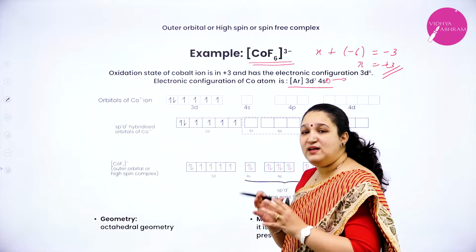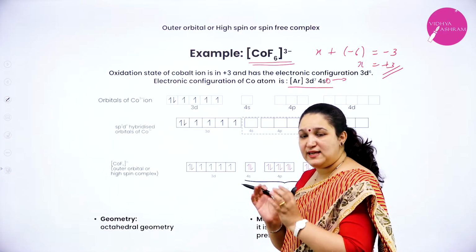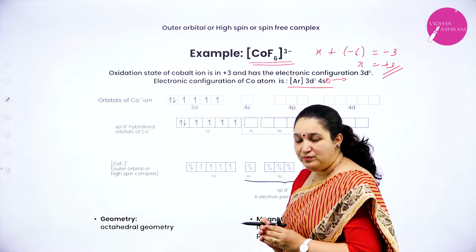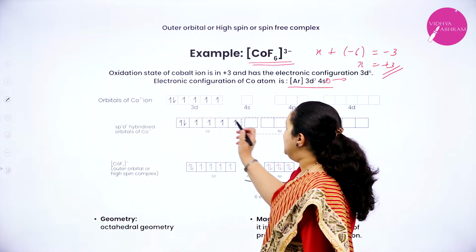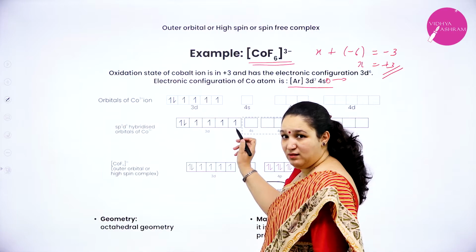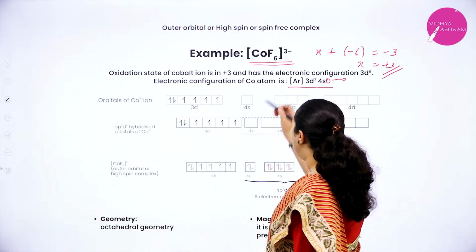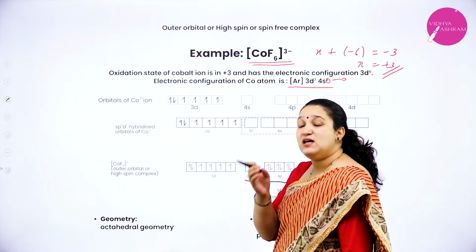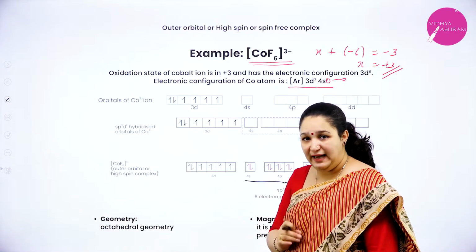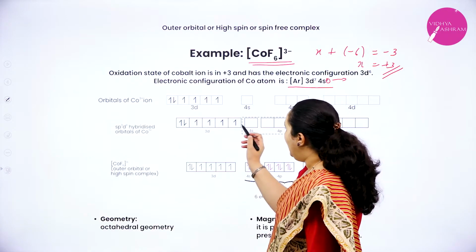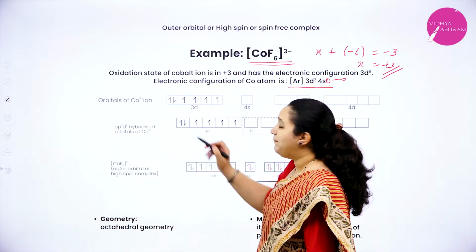When the ligands are approaching the central metal ion, that is cobalt plus 3 ion, here spin pairing will not take place, because the ligand is a weak field ligand, the electrons cannot pair up.